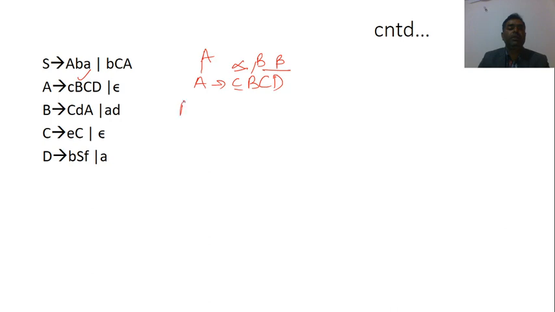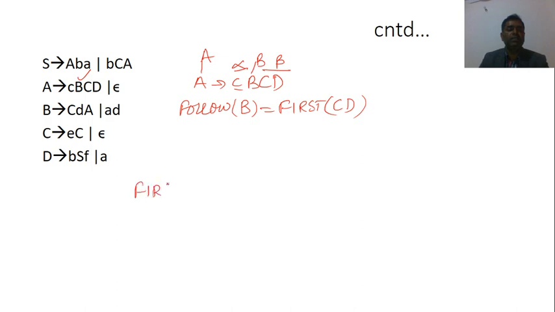So I can write here follow of B equal to first of CD. Just calculate first of CD. What will be the first of CD?